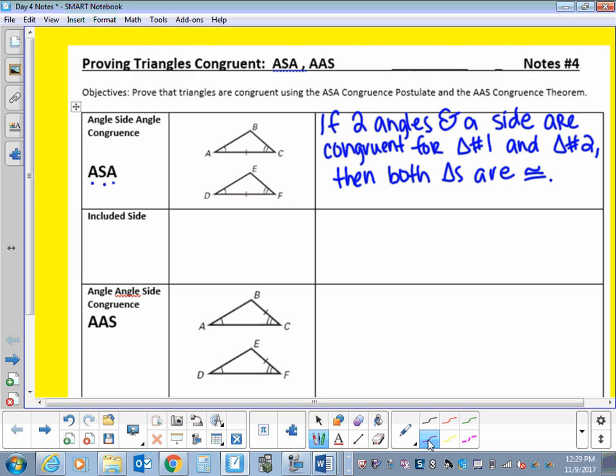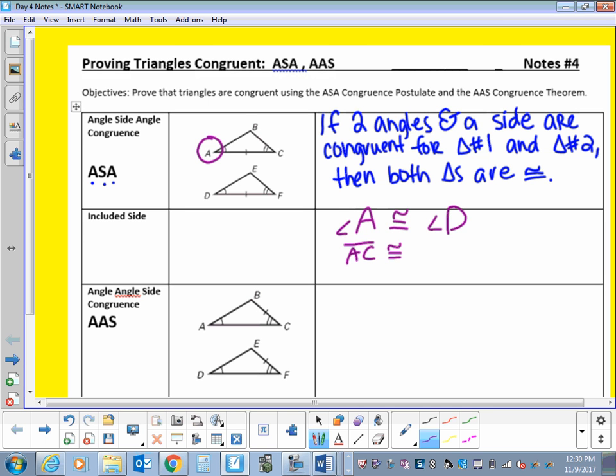Look at my picture. Angle A is congruent to what in the second triangle? Angle D. Charlie, side AC is congruent to what?